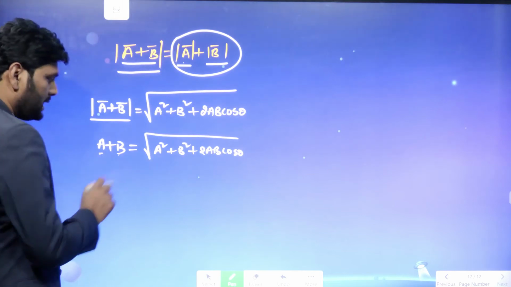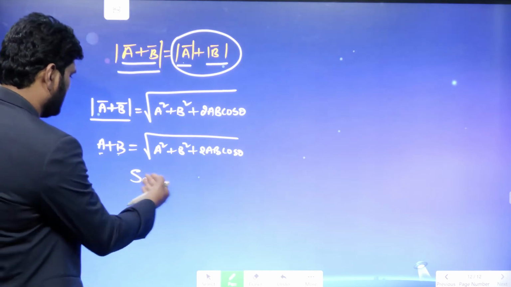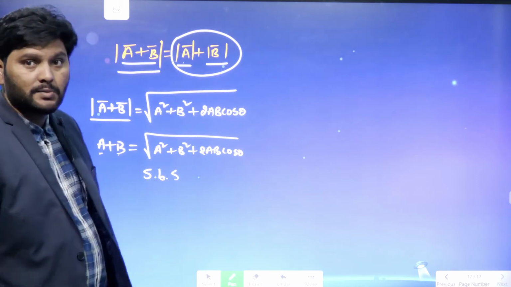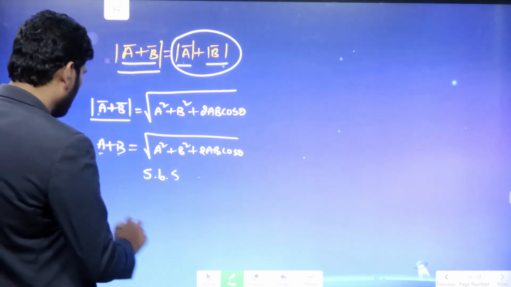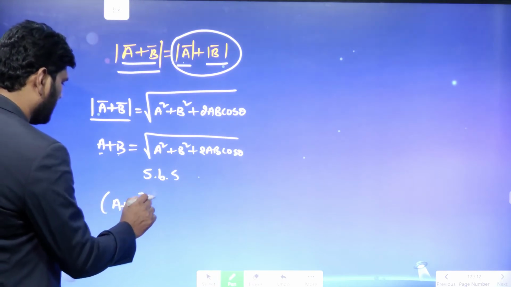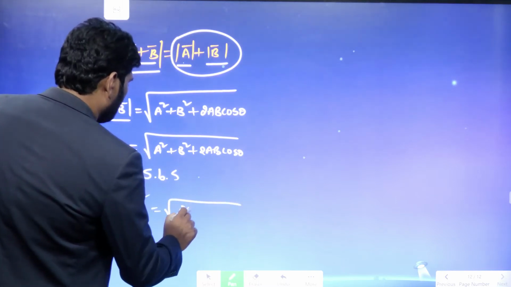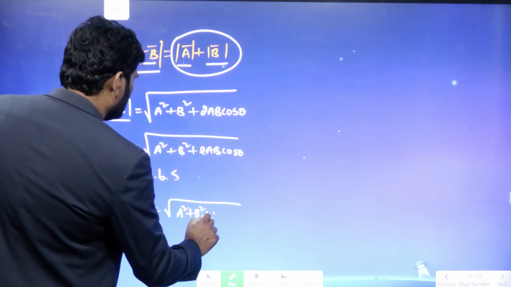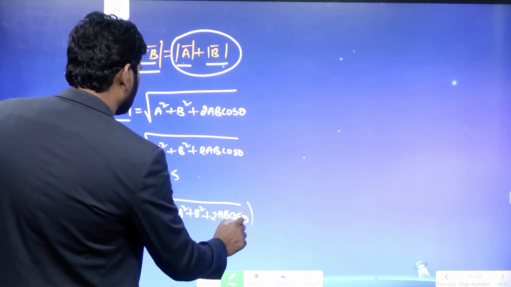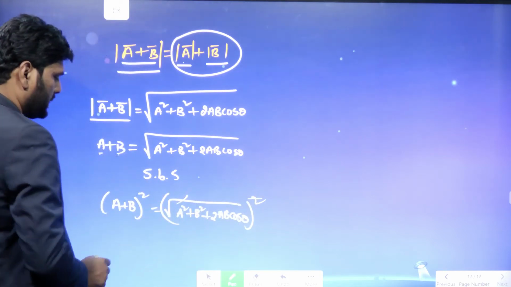Now you can take squaring on both sides, SBS. What is meant by SBS? Squaring on both sides. If I square both sides, A plus B whole square is equal to the square root of A square plus B square plus 2AB cos theta, whole square. Now the square and the root cancel.